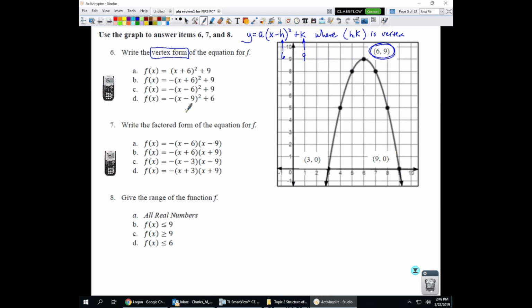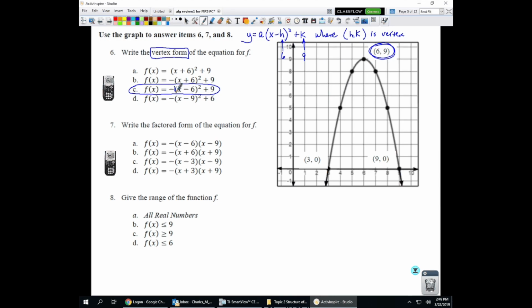So that would leave me with choice C. Now, we did not mention that the a here was a -1. The negative sign just makes the parabola open down. That doesn't really affect the vertex.